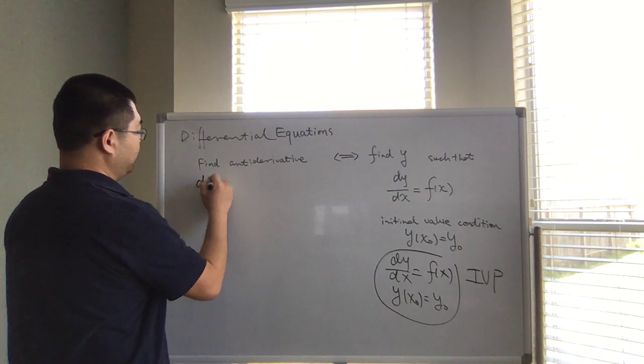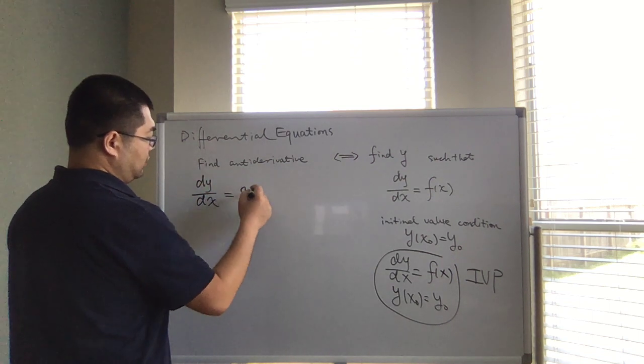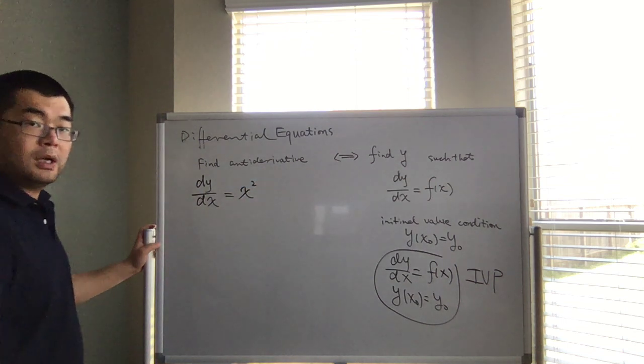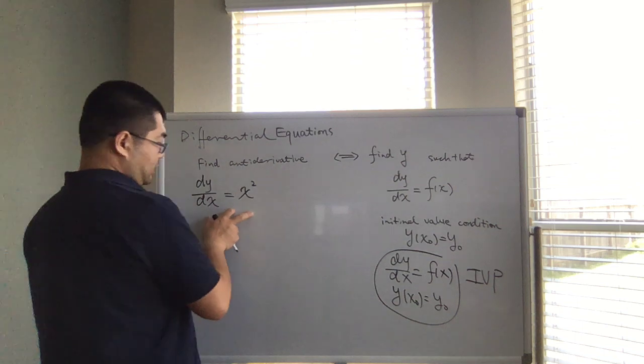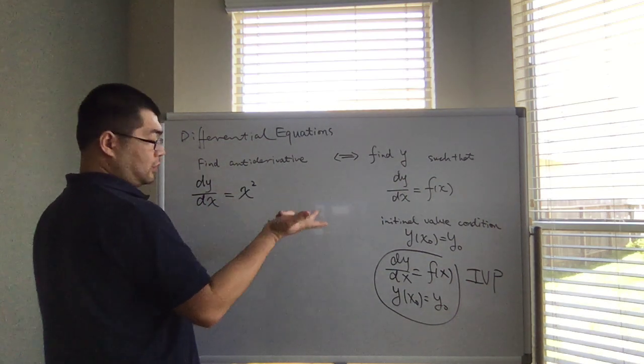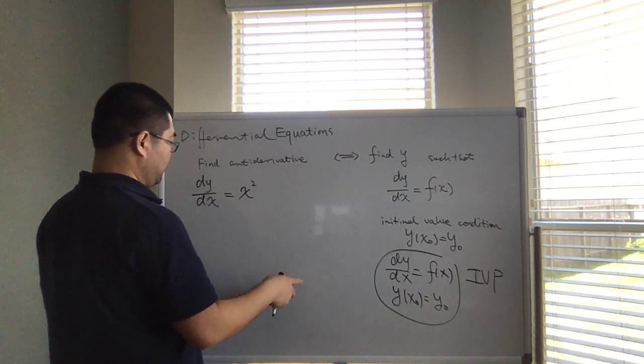If we have dy dx equals x squared, do you see that this is what we call a differential equation, a first order differential equation?